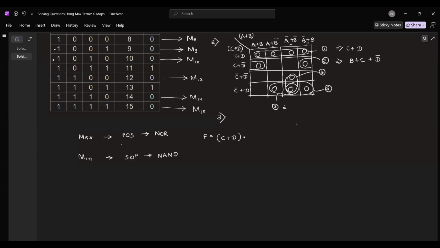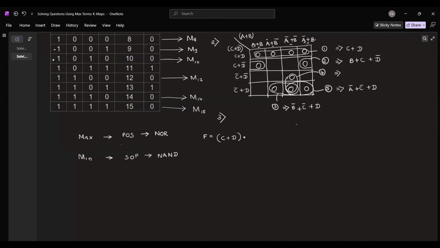And for the third one, we have C bar plus D. They will stay. And we will have B bar. Why? A and A bar will cancel each other out. Similarly, for the fifth group, if we go like this, we will have C bar plus D. There is no change in that. C bar plus D. But we will have only A bar, not B. Why? B bar and B will cancel each other out.